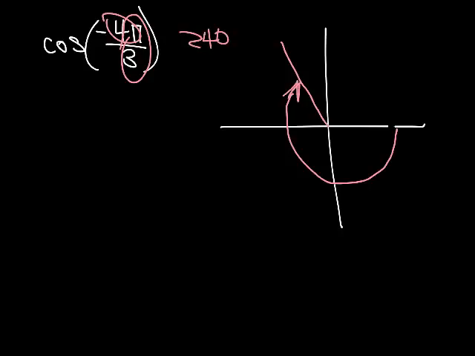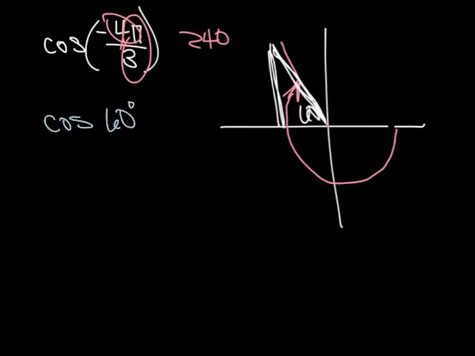So I came this way 240 degrees, which means that my reference angle is going to be 60, because 180 plus 60 is 240. All right, so I'm looking for cosine. So the cosine of a 60-degree angle in the second quadrant, all students take calculus.